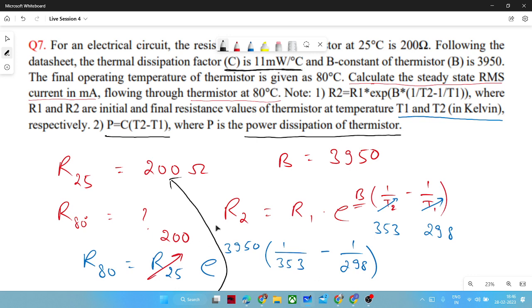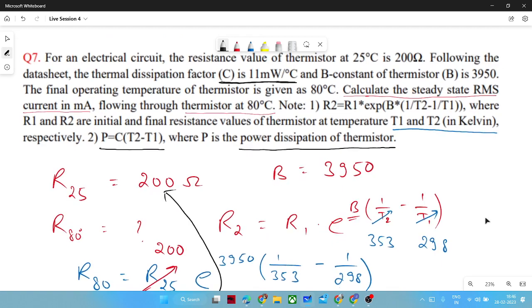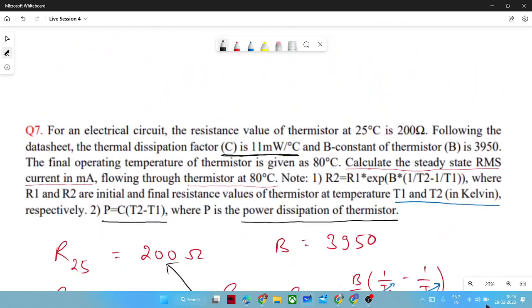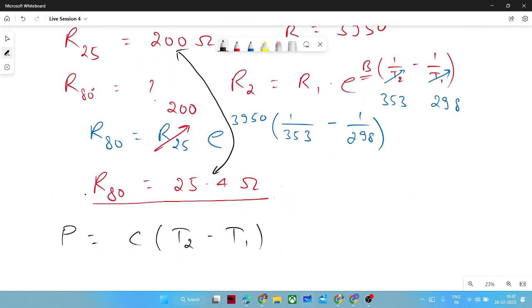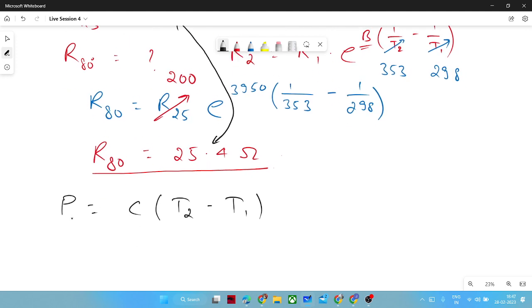So if it would not be a differentiation thing, then you have to take care. Otherwise, it would be fine. So C is 11 milliwatt per degree centigrade, and T2 we know 80 degrees centigrade minus 25 degrees centigrade.